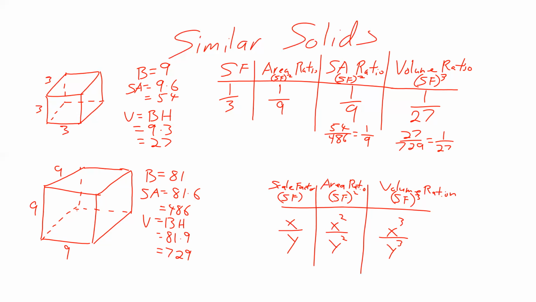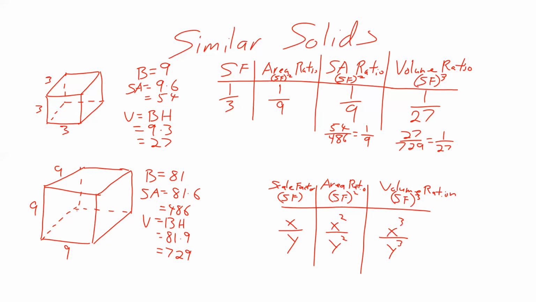All right. An easy way to think about this is our scale factor, we said, applies to any single dimensional measurement. So length, width, height, any other random lines that you drew into your shape, scale factor applies to. Even perimeter, because it's a single dimensional measurement.